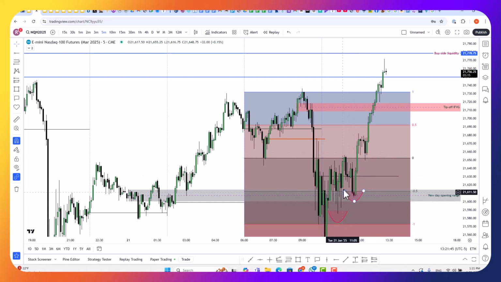This level of accumulation, this is the safest level to trade. All of this is tricky, but if we wait for this, it happens.